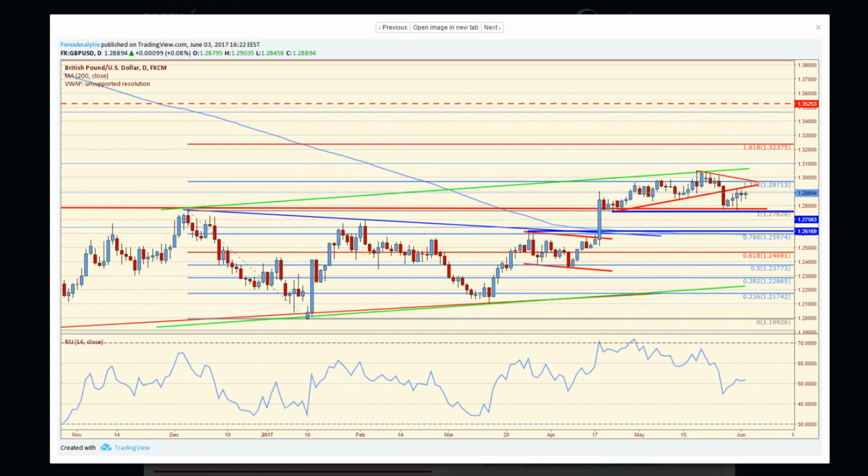Anybody holding the cable long right now is probably a little concerned, especially with the elections coming up next weekend in the UK, which looks like a much tighter race for Prime Minister May than she had originally thought. That could weigh heavily on the pound, and on top of that you've got Brexit negotiations, which are going to be complicated for the next couple of years, and maybe that really is playing into the market where the pound is starting to underperform.